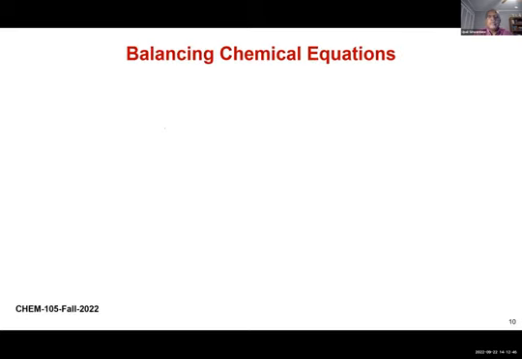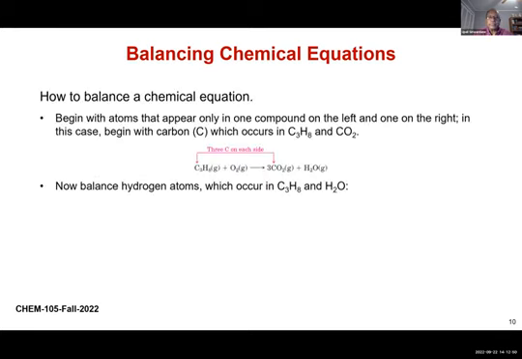How do you balance? Balancing a chemical equation. This is the same reaction. You start with this one. Why do I pick carbon?